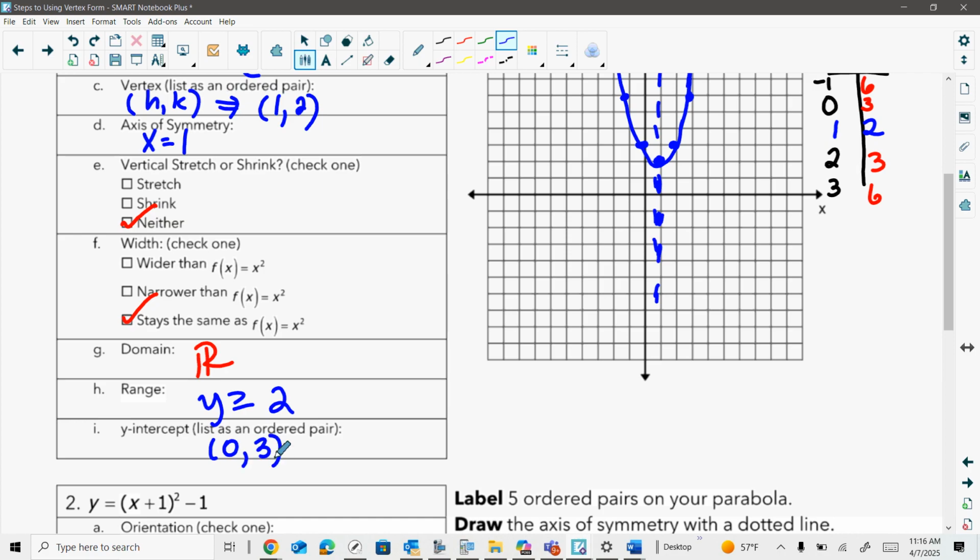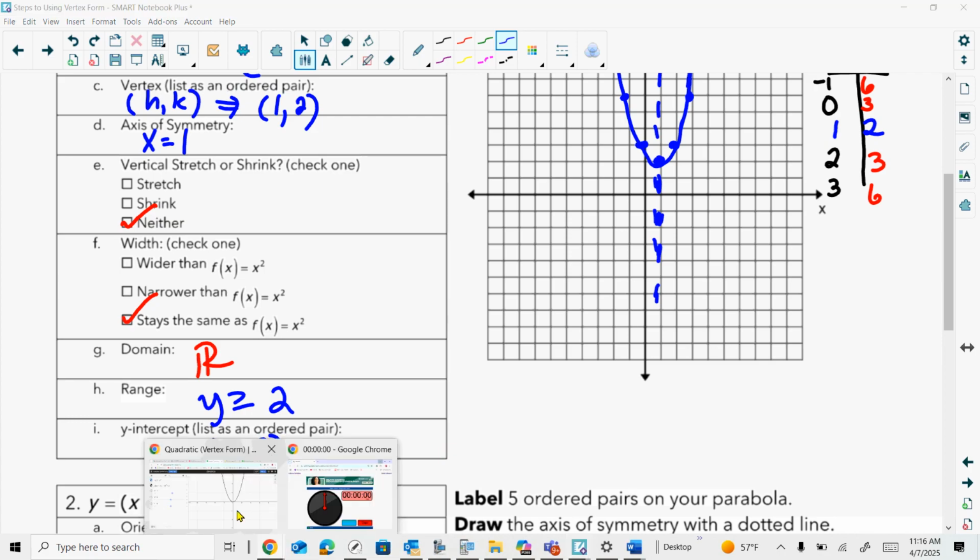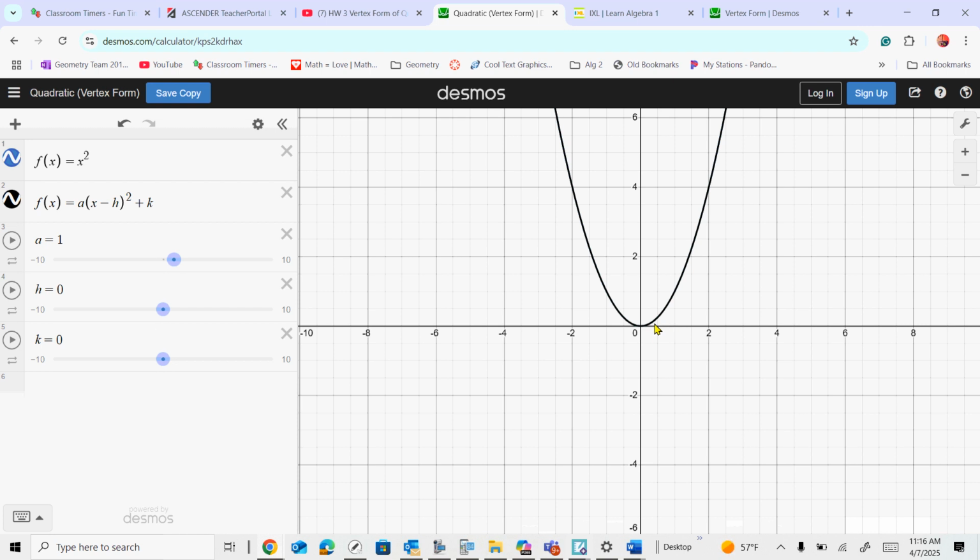So here's the thing I need you to look at real quick, guys. Remember I talked about the shape doesn't change? Look at this right here. H is for horizontal, guys. Horizontal basically shifts it left or right. Are y'all seeing this? But what you need to understand is if my H, remember I have to do the opposite. So I know this is saying H is 2, but in the equation, it's going to be a -2.